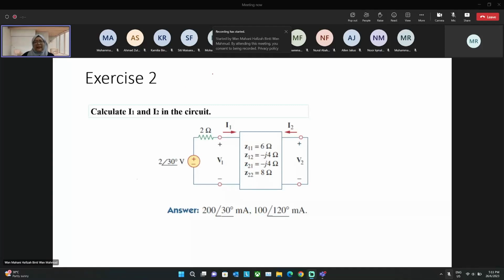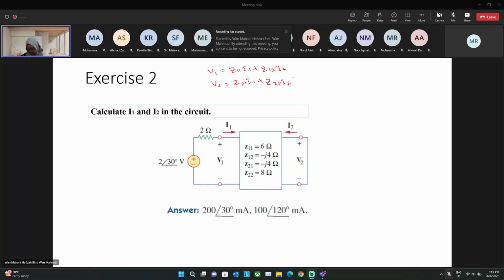Okay. So step dia adalah first kali you memang kena tahu dua equation untuk Z parameter tu lah, which is V1 equals to Z11 I1 plus Z12 I2, and another one is V2 equals to Z21 I1 plus Z22 I2. Okay, dua original equations for Z parameter.